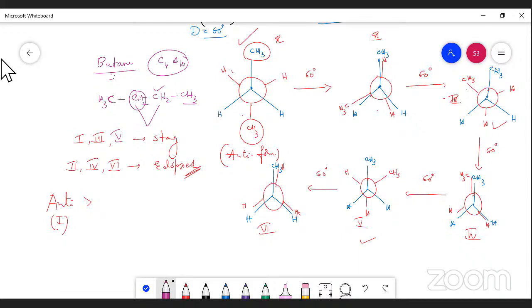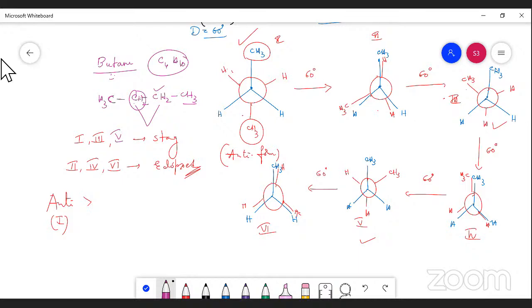When you compare, staggered structures are more stable than eclipsed. Out of 1, 3, 5, the first structure is the most stable because the 2 bulky groups are far away. That is why it is the anti-form. The anti-form is the most stable.